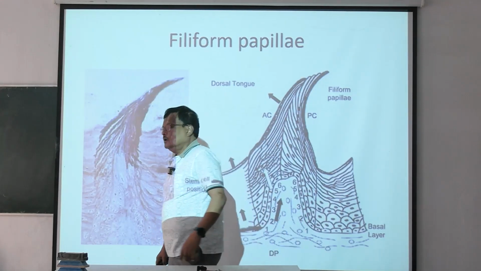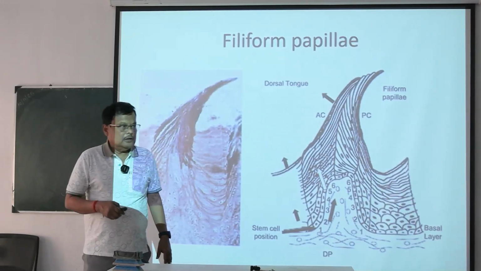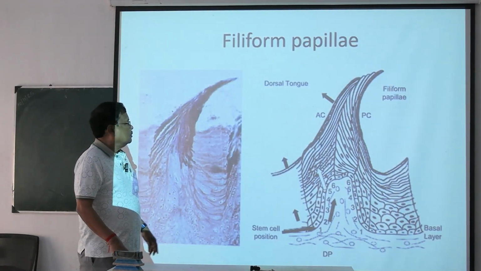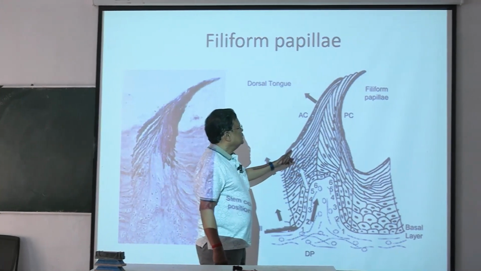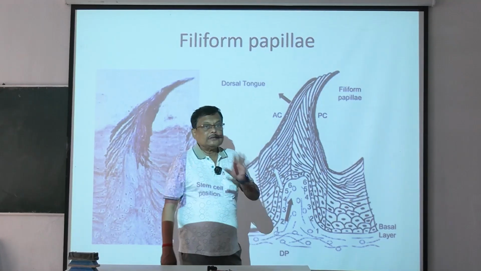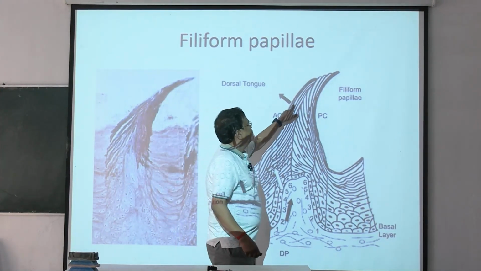So papillae are the surface elevations of the tongue, of the epithelium of the tongue, which also contains some loose areolar tissue. Some papillae, which are the maximum in number, look like that.